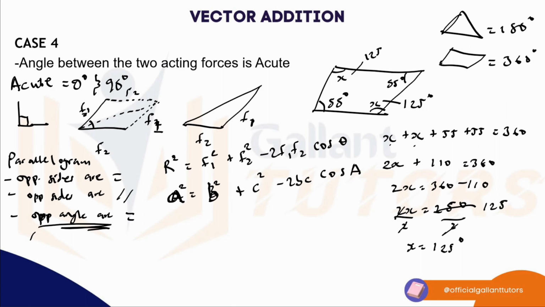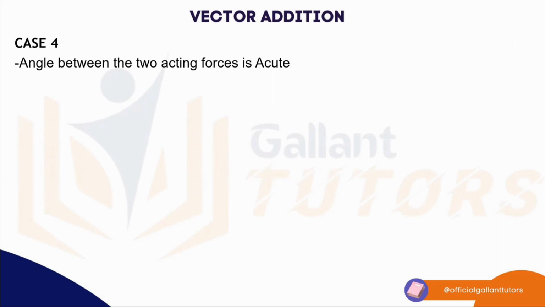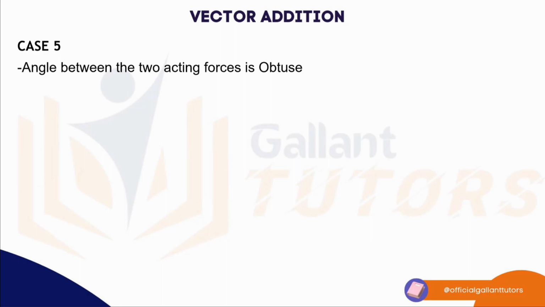All right. So the key takeaway is this. You shouldn't forget that at all. This is what we'll be using in our subsequent solving of examples. Okay, this is the last part, which is when the angle between two forces is obtuse.